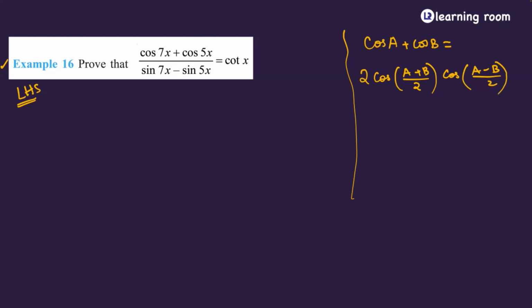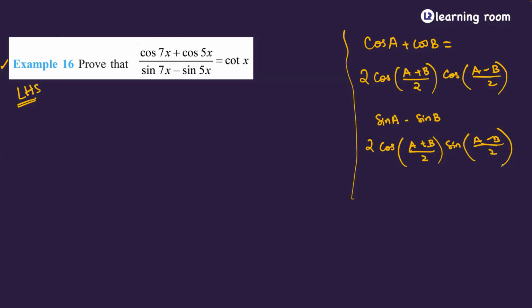Am I clear? Similarly, sin A minus sin B is 2 cos of A plus B by 2 sin of A minus B divided by 2. Right? So this is the formula we are supposed to use. Take it and substitute it here.